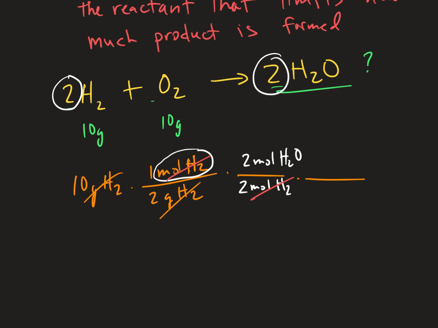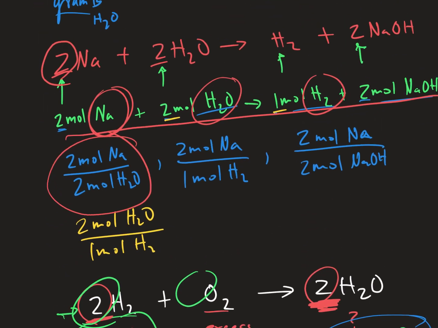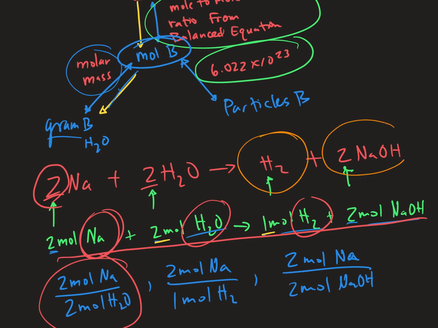What if we have 2 products? Like in the case of the sodium and water problem, right here. We have 2 products here. What product should we go to? The one that we're interested in. What if the problem doesn't say what you're interested in? Then just pick one of them. Don't do both.